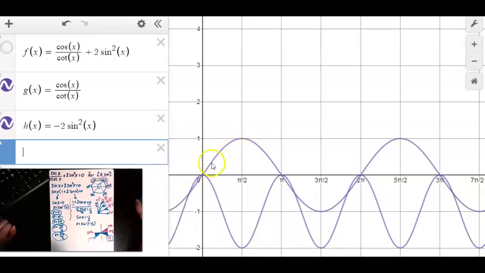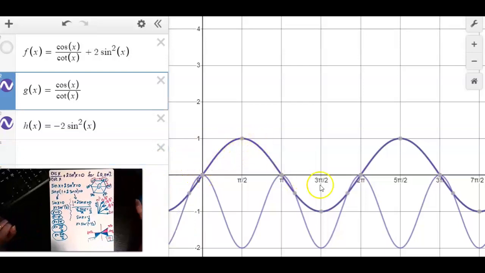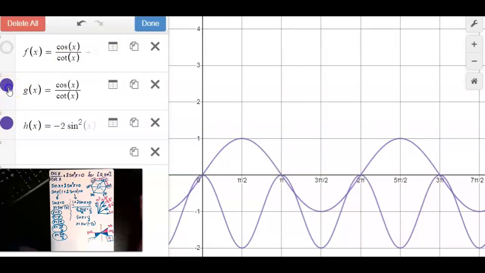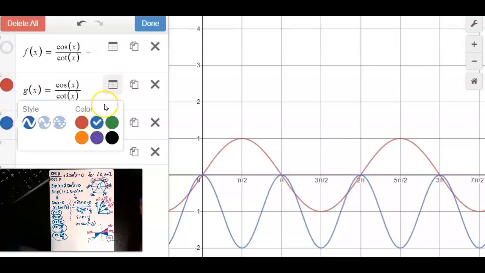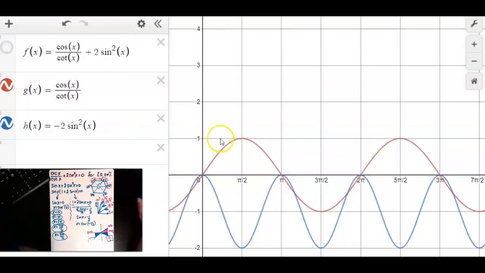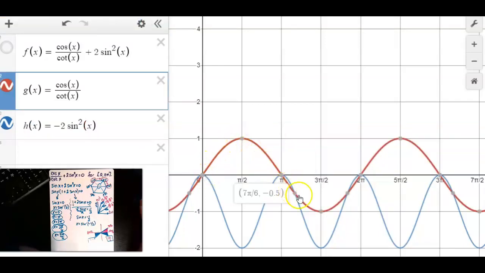Let's actually change their colors here real quick so that we can tell which are which. We'll make that one red and this one blue. So when I click on the g of x, the red graph, notice again it highlights all these critical points for each, but in particular I want to pay close attention to these points of intersection.